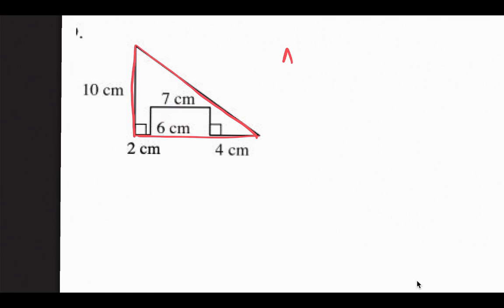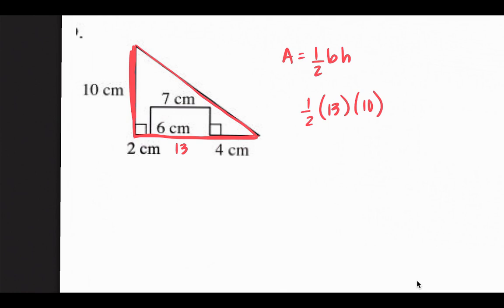So I know a triangle's area equals half base times height. I just need to find the base first. The base here is 2, 7, and 4. So 2 plus 7 is 9, and then 4 more is 13. So this whole area down here is 13. And then we know the height over here is 10.